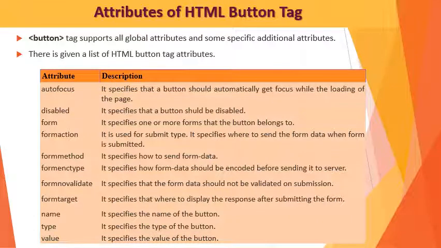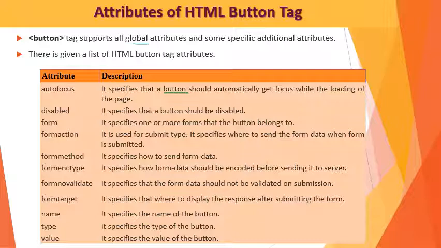Let us see the attributes of the HTML button tag. The button tag supports all the different global attributes, and some specific additional attributes are also listed here. The attributes are autofocus, which specifies that a button should automatically get focus while loading the page.